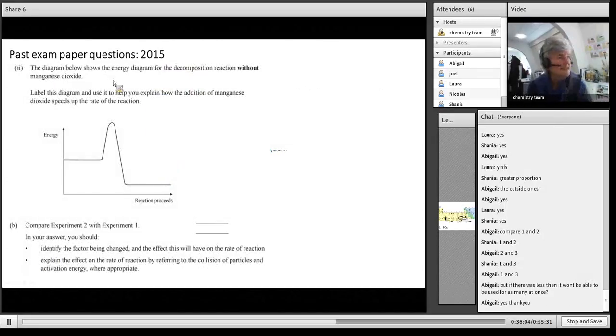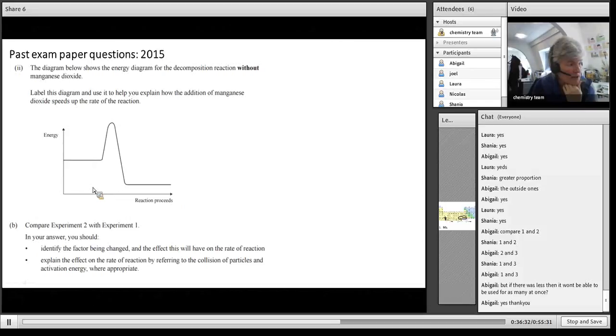Now it says the diagram below shows a decomposition reaction without the manganese dioxide. So there's no catalyst. So this is this alternate pathway you've got to immediately think of. And it says label this diagram. Sometimes you have to draw a diagram from scratch. Please make sure you label your axes.